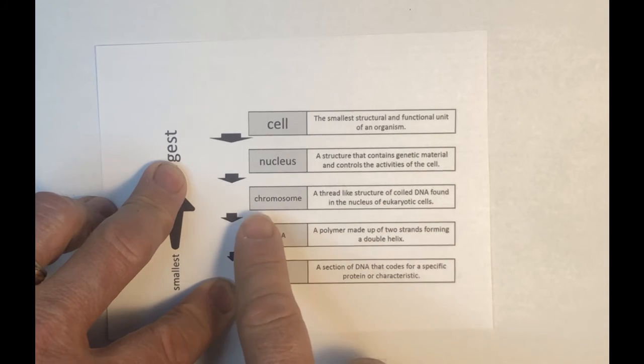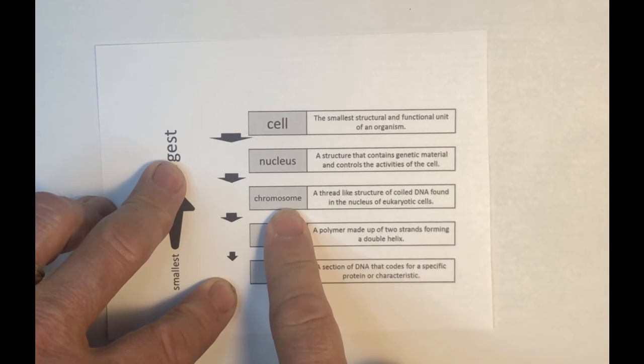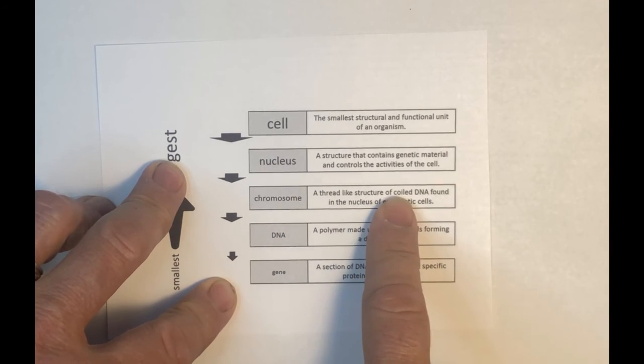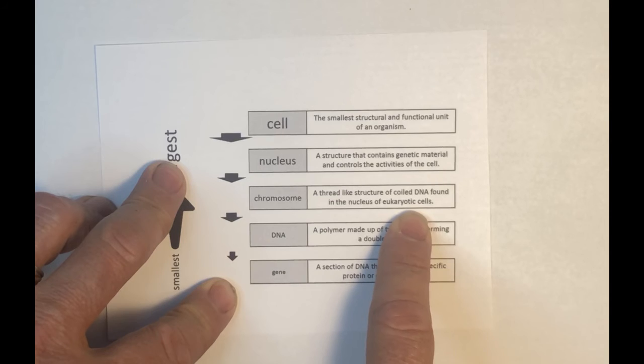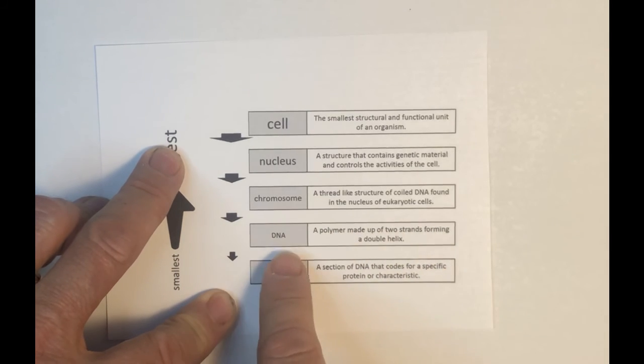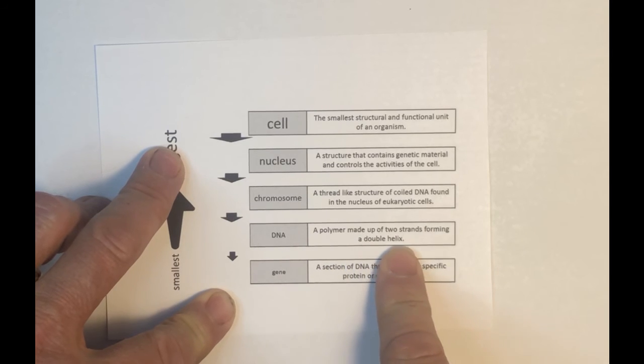Within the nucleus, we have chromosomes. Those chromosomes are thread-like structures of coiled DNA found in the nucleus of eukaryotic cells. If you drill down into that further, the chromosome is made up of DNA, which is a polymer made up of two strands forming a double helix.